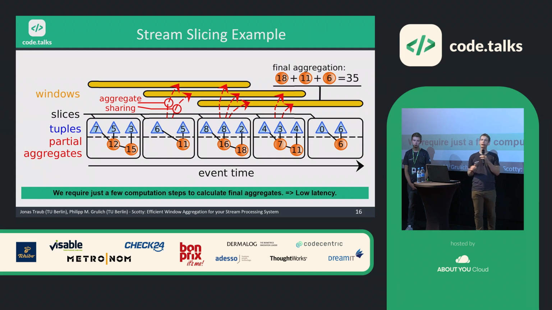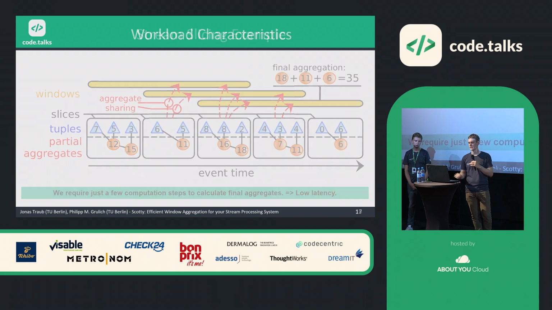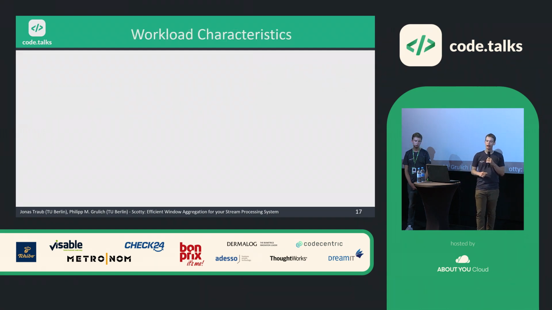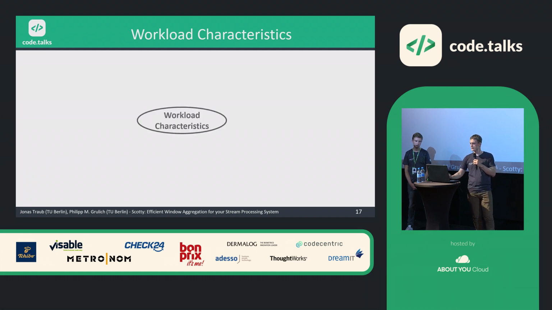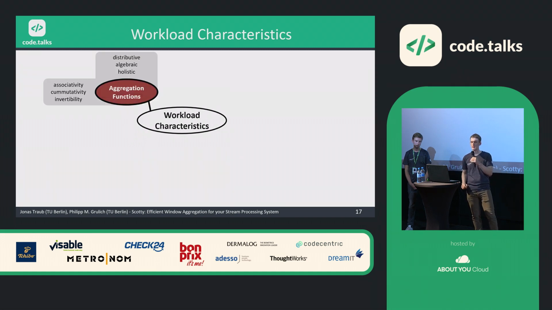So now let's look into how it becomes more complex if we look into the workload characteristics, which is the core part of the latest paper I pointed out before. Here we looked into all the different things which can be part of your stream processing query, and the first thing which can differ a lot, of course, is your aggregation function.